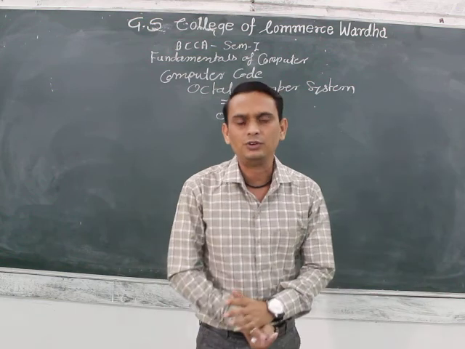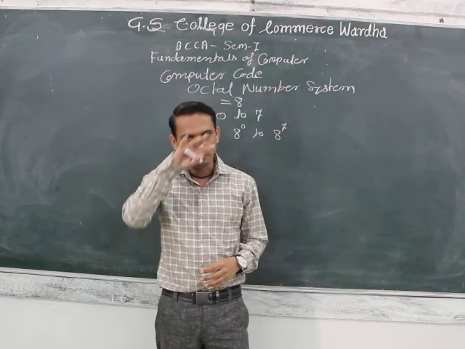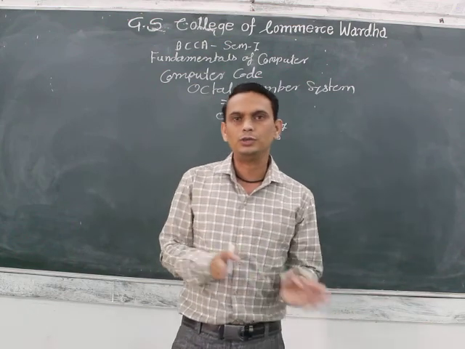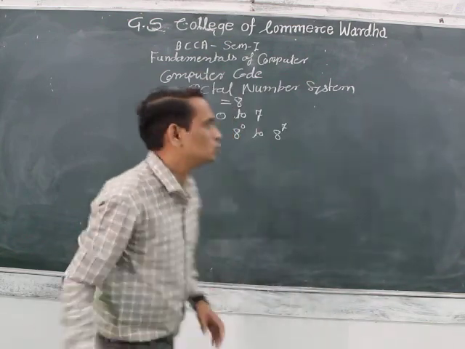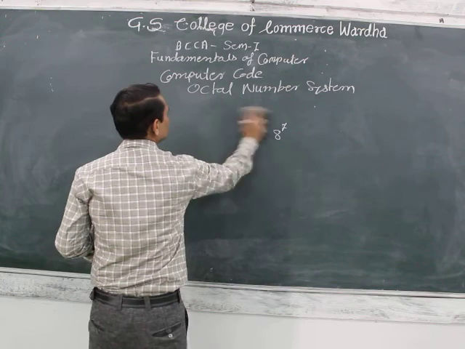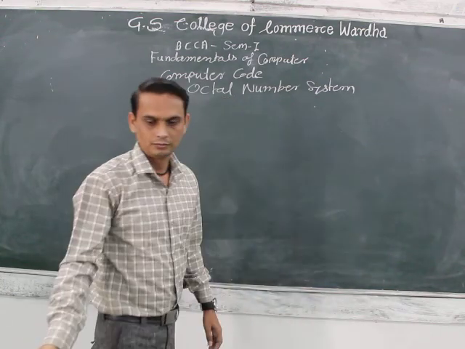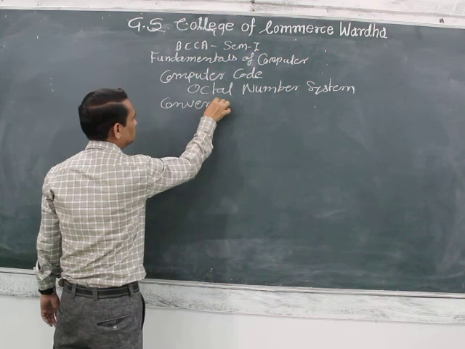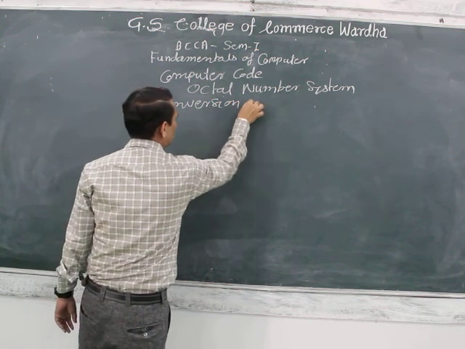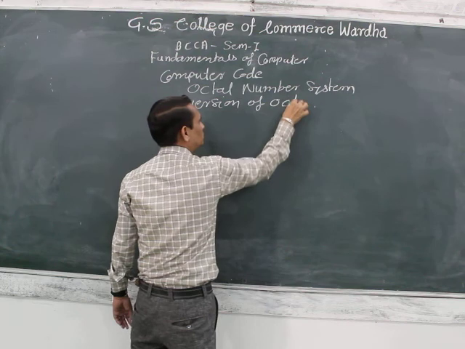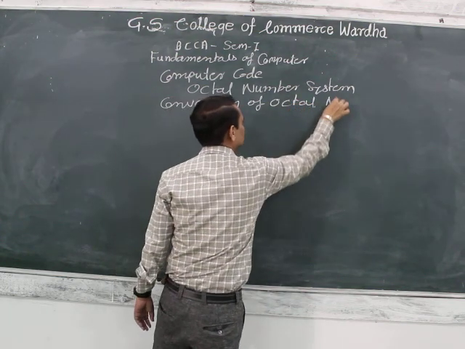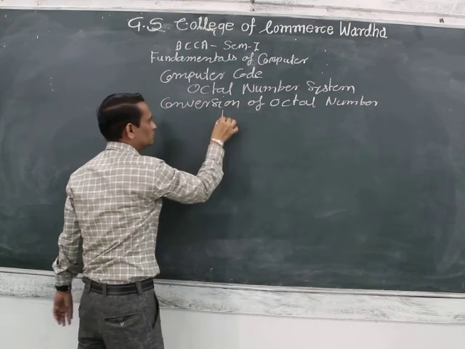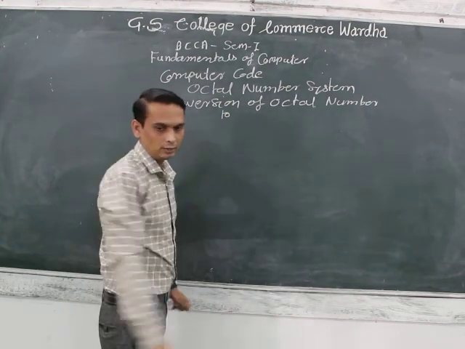Now, just like we convert the decimal number into binary, in the same way we can convert the octal number to decimal number. So, the conversion of octal number to decimal number.